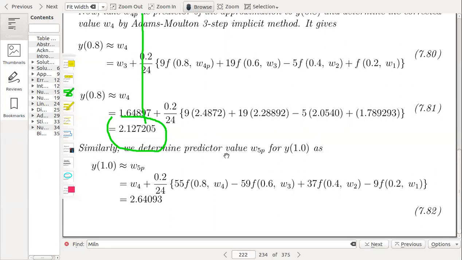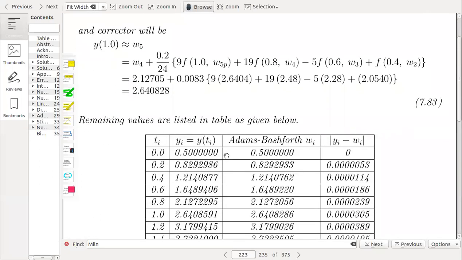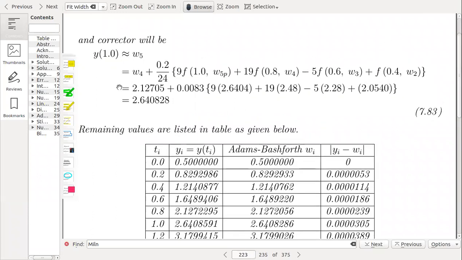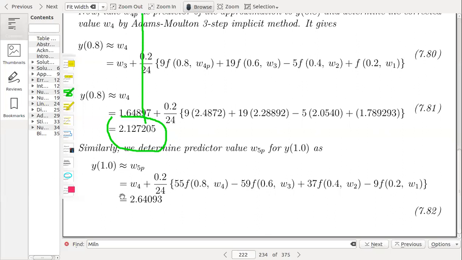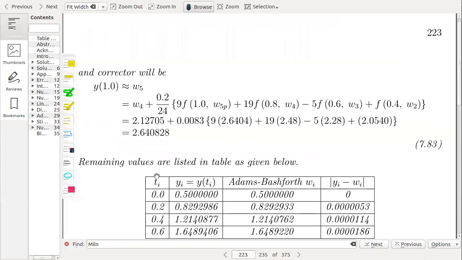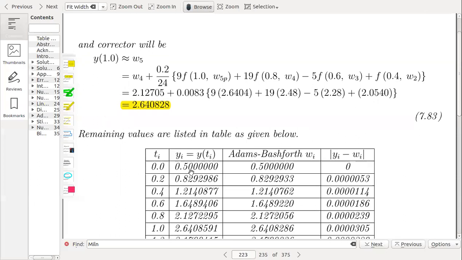And then if we apply the corrector part of the formula at x equal to 1.0, we will get the value 2.64082. So again, if you observe, the predicted value is 2.64093, and the corrected value is 2.6408828. So there is again a small difference between the predicted value and the corrected value.